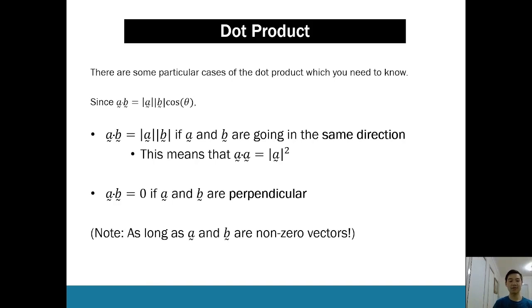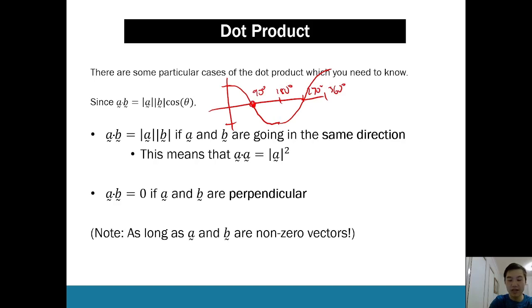There are some particular cases of the dot product which you need to know. Since the dot product is the product of the vectors' magnitudes and the cosine of the angle between them, we have some special cases depending on the angle between them, because we know what the cosine graph looks like. So this is 90 degrees, 180 degrees, 270, and 360 degrees.